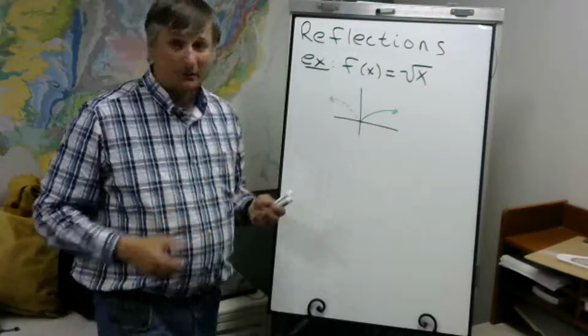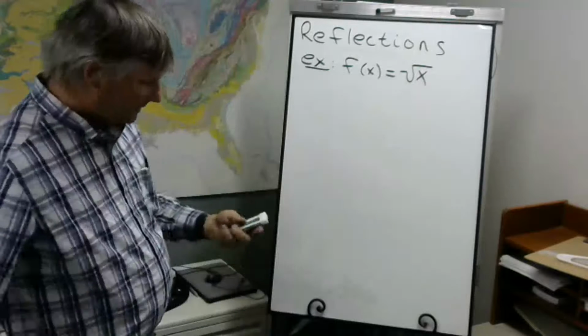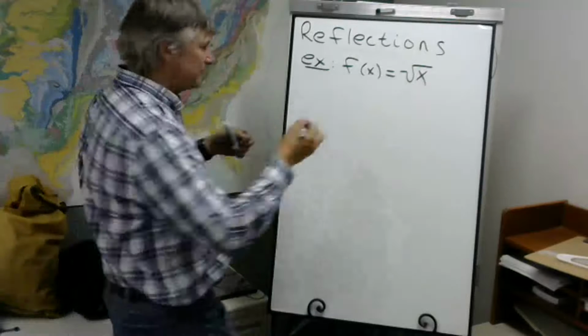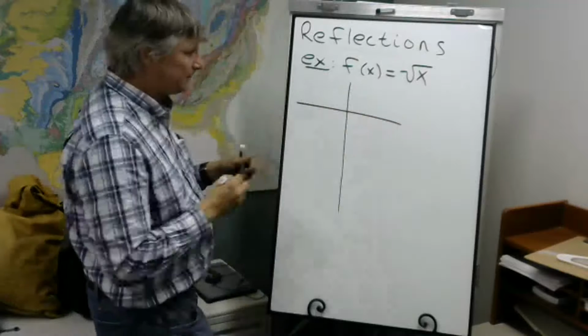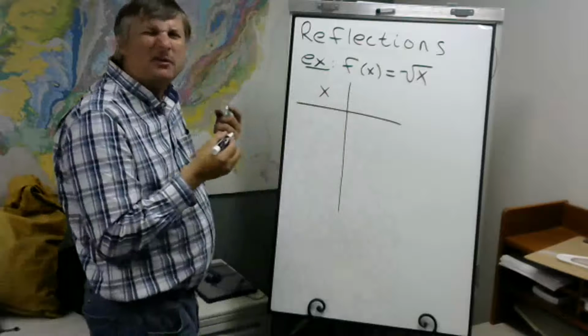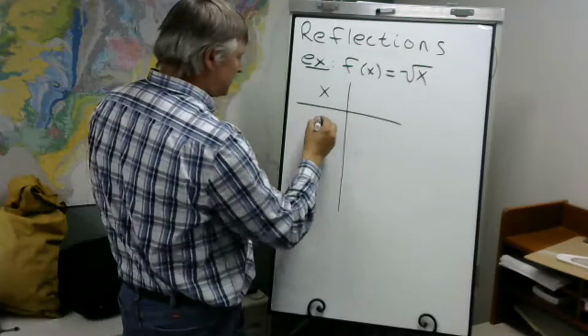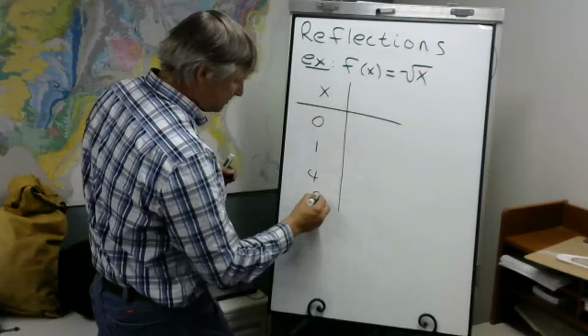So let's see how this works. Now, I want to be careful here, taking square roots. So we have some limits. So x, can't put any negative values in there. We can put in 0, 1, 4, and let's go.